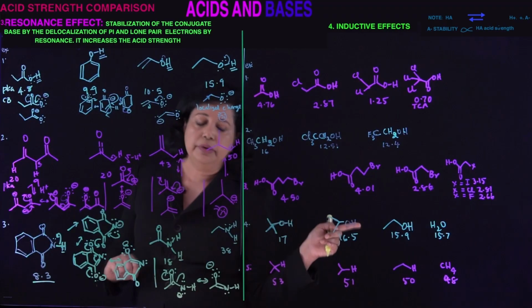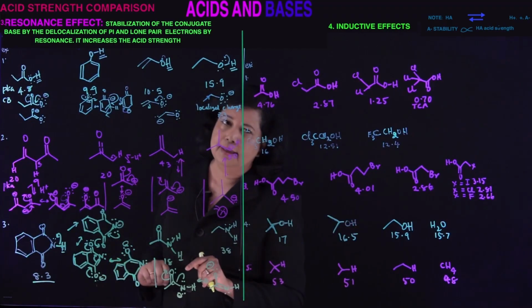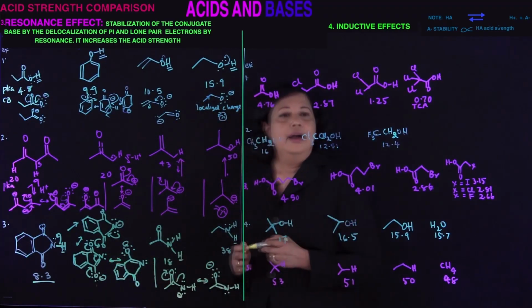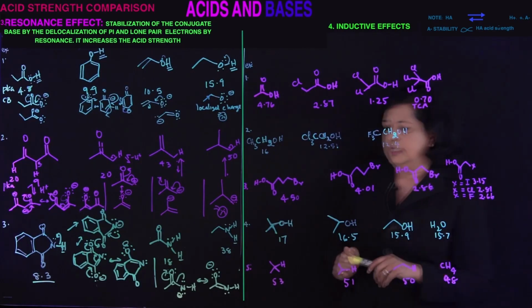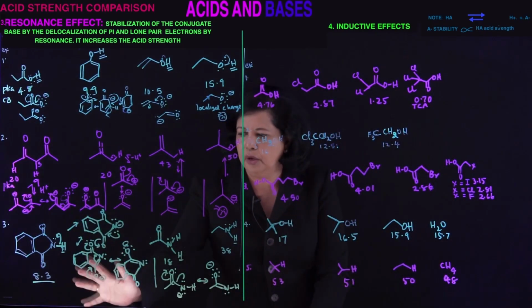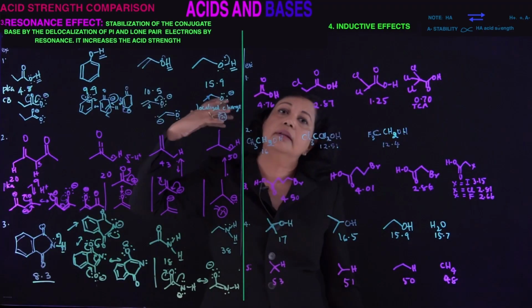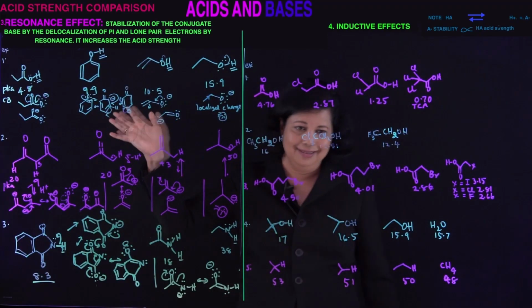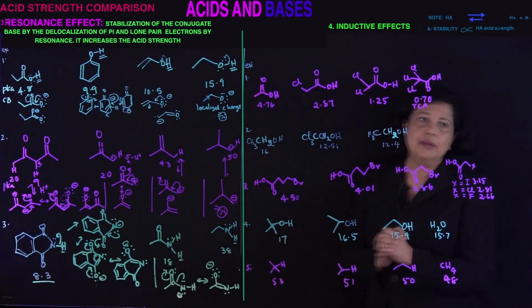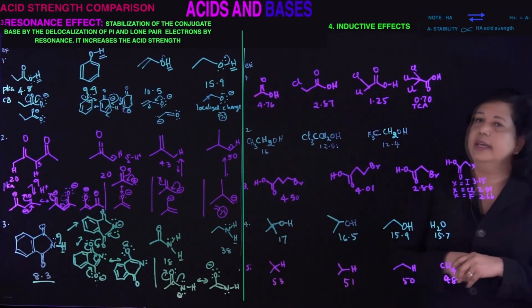Therefore, it doesn't want to spit out that hydrogen, therefore it's not acidic. So that's resonance for you, and we can see how more resonance on more electronegative atoms will make a molecule a lot more acidic. All right, let's talk about another effect, inductive effect.